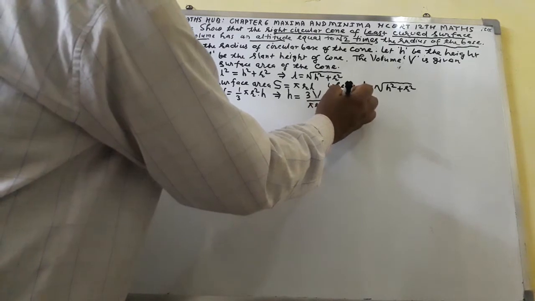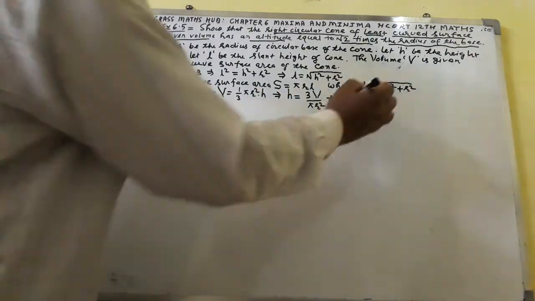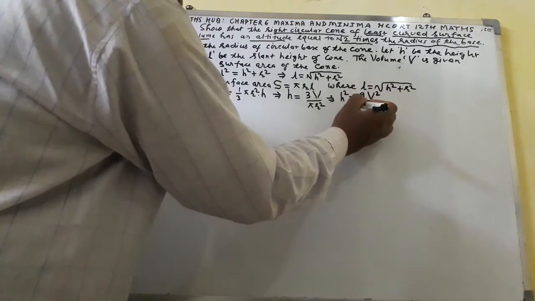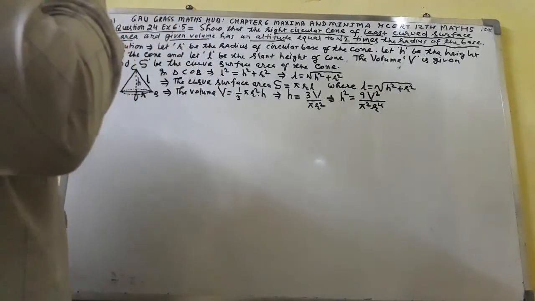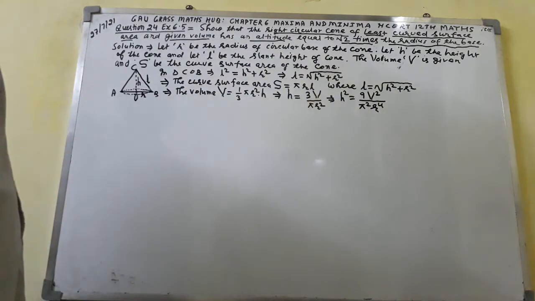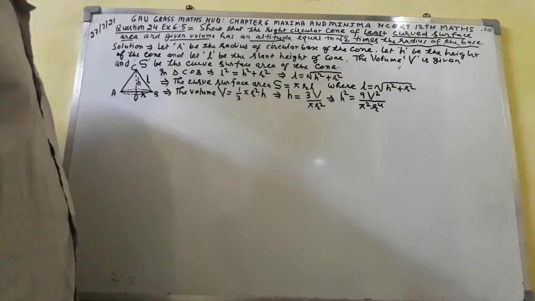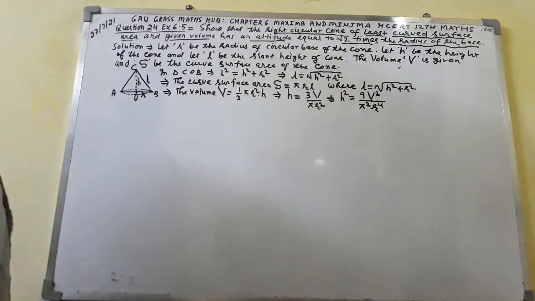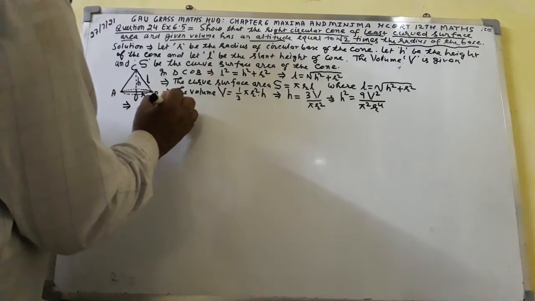Squaring both sides, you will get h square equal to 9V square over pi square r raised to the power 4. Again, capital S equal to pi r l.